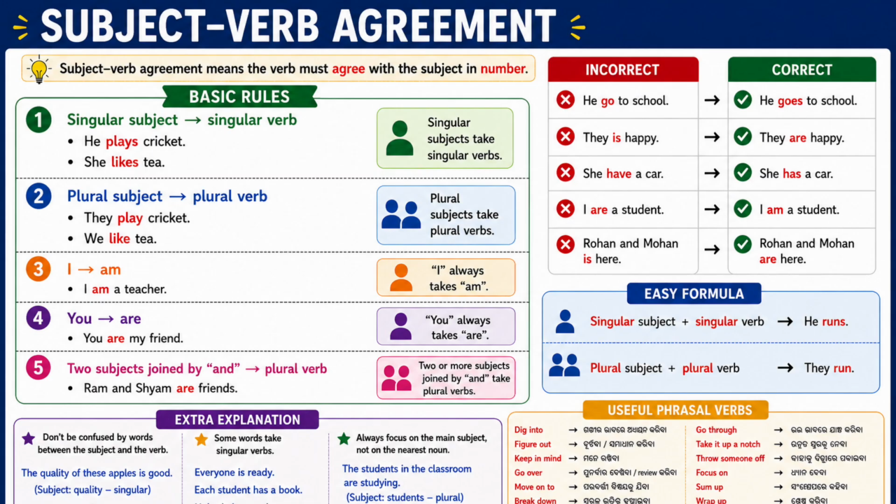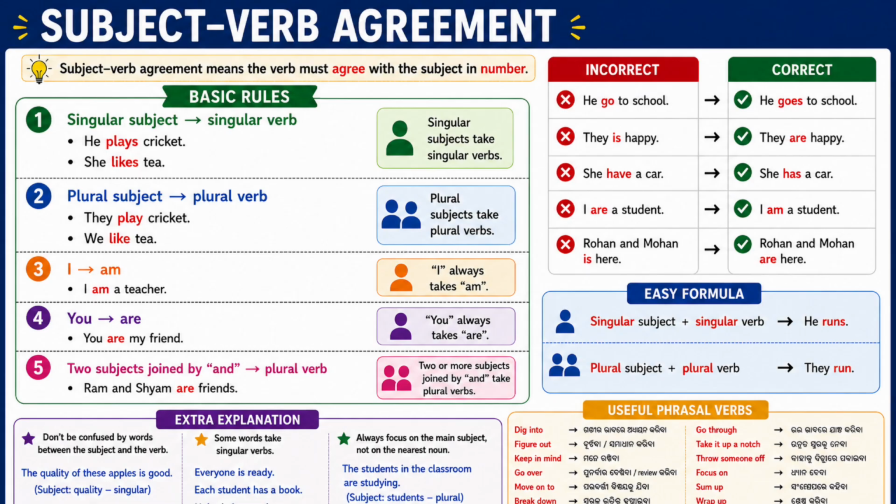Another example. The students in the classroom are studying. The subject is students, which is plural. So we use are. So always focus on the main subject rather than simply choosing the noun closest to the verb. Another common pattern.